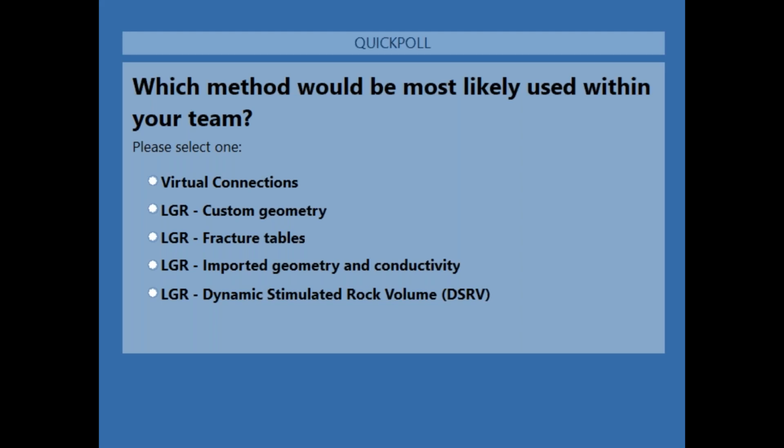Please choose which best applies to you, and we'll leave this up for about another 30 seconds or so. Five more seconds. I can see a couple more coming in there. If you guys can choose which would be most likely used by your team.